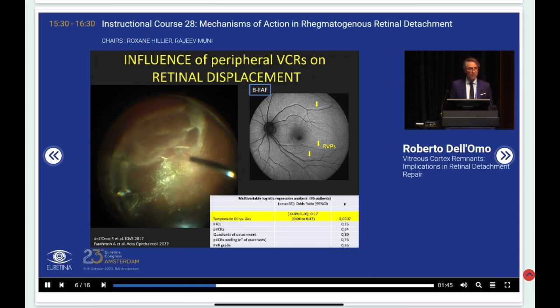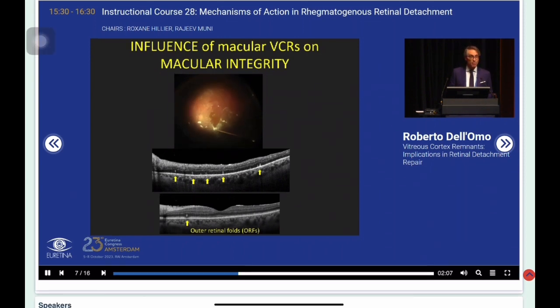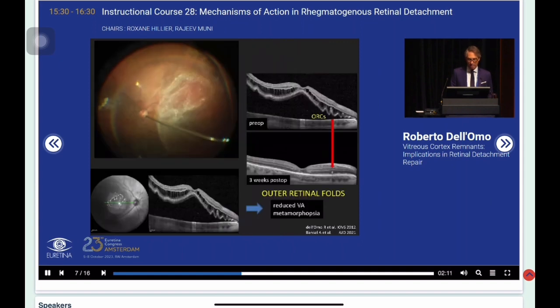As previously noted in other publications and also reiterated by a recent mathematical and computer-based model by the group of Dr. Mooney. Regarding the influence of macular VCR on outer retinal folds, again, we thought that making the retina more elastic at the macula can have impact on the rate of post-op outer retinal folds.